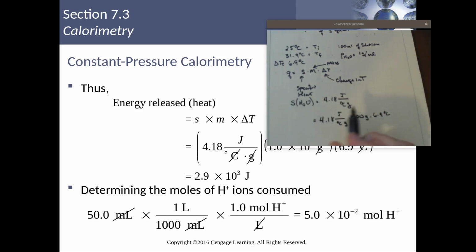You can see all my units cancel out nicely. Again, it's useful to keep track of the units. The degrees Celsius cancel out, grams cancel out, and I'm only left with joules. And I can do this multiplication properly, and I have 2.9 times 10 cubed joules.